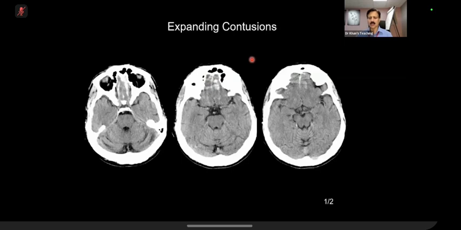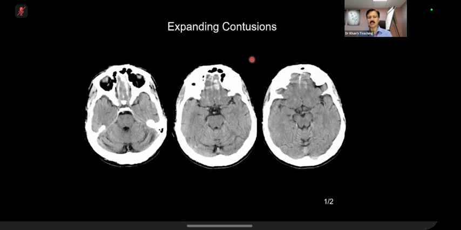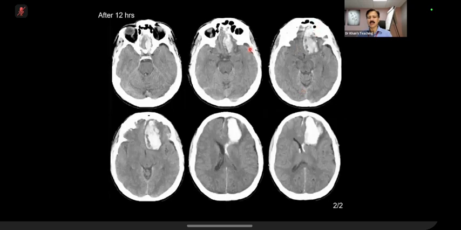At 6 o'clock in the morning, the patient has deteriorated neurologically, and the clinician wants a rescan. Don't refuse it. Do it, because things might have changed. So remember this concept. This patient, after 12 hours, had a subcortical, subfrontal contusion, and then it has become such a large parenchymal hematoma that goes into the ventricle.